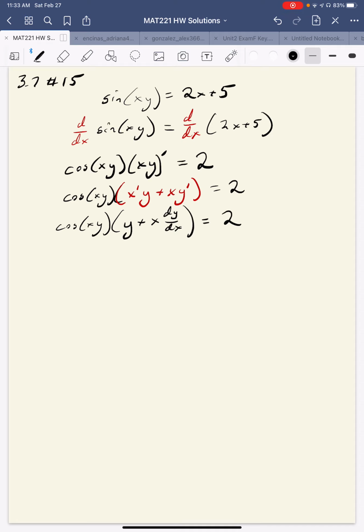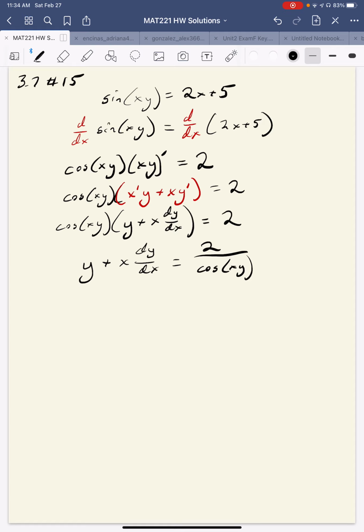And the dy dx is inside of this parenthetical statement. So the first thing that I'm actually going to do is divide both sides by cosine of xy. So that would leave me with y plus x dy dx is equal to 2 over cosine xy.